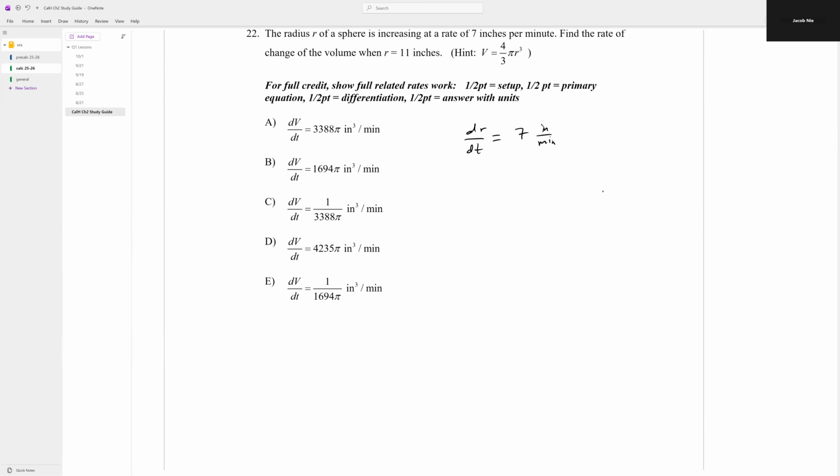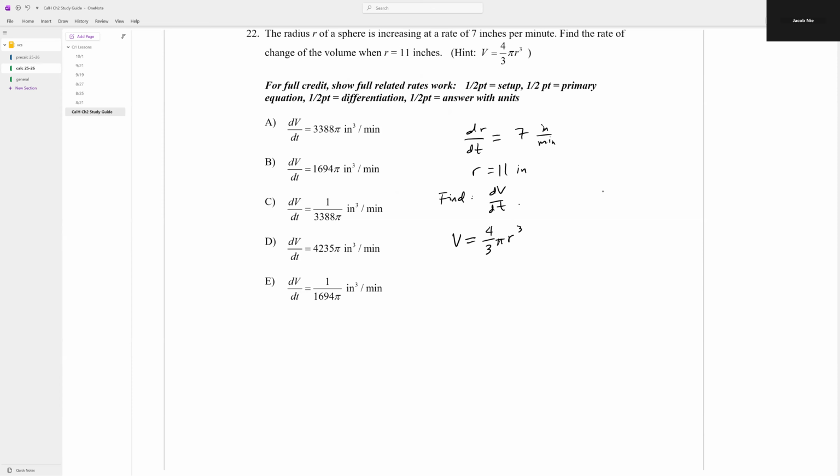And we're also told that r equals 11 inches. Finally, what we're interested in is the rate of change of the volume. So it's dV/dt. Next, we're going to write the equation that relates V and r, and that's simply the volume of the sphere, 4/3 pi r cubed, which you're given.